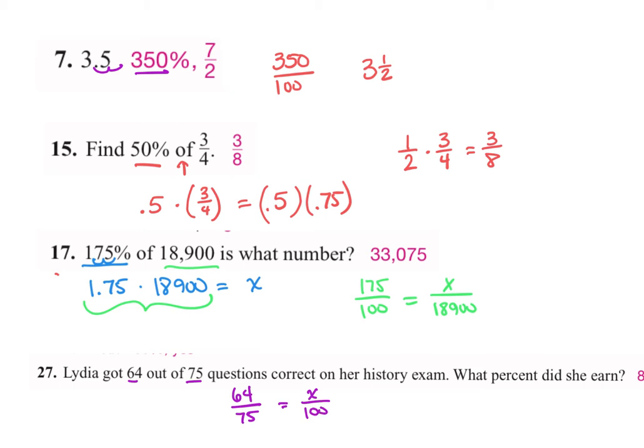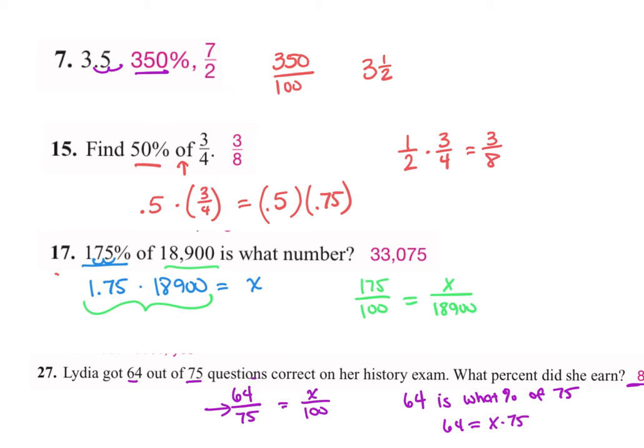So you're just going to divide and then multiply by 100. Or if you set it up like an equation, you would say 64 is what percent of 75, right? And again, you would get 64 equals x times 75, and you would get 64 divided by 75, which is 0.85, but in percentage it is 85%.